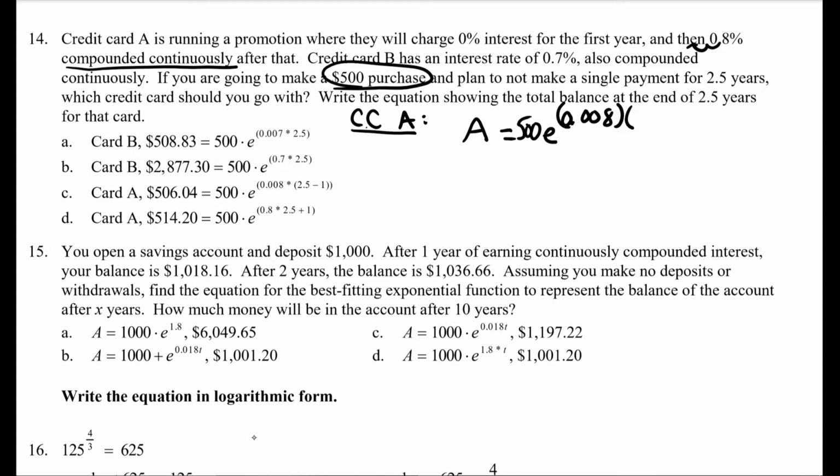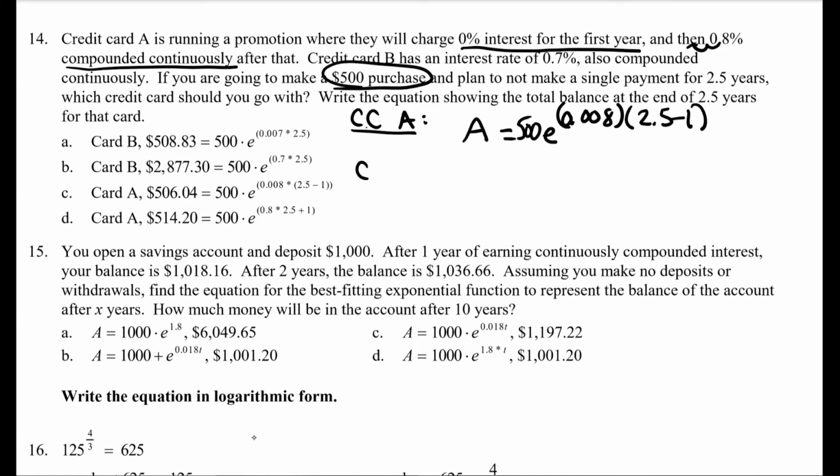However, because credit card A has a promotion where you don't have to pay for the first year, you're not paying extra for that first year. So therefore, it's not really 2.5 years. It's really 2.5 minus 1 years. So it's really 1.5 years that you're paying it for. All right.